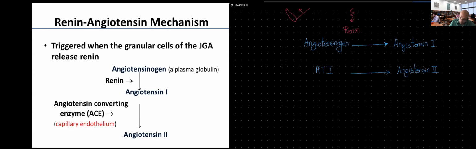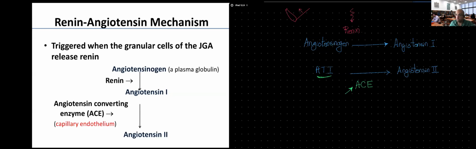So if we look on here, what is going to be activating angiotensin I into angiotensin II is an enzyme called the angiotensin converting enzyme, or ACE. If you're familiar with the different medications for hypertension, you will know that a family of medications very commonly used to treat hypertension is called ACE inhibitors.